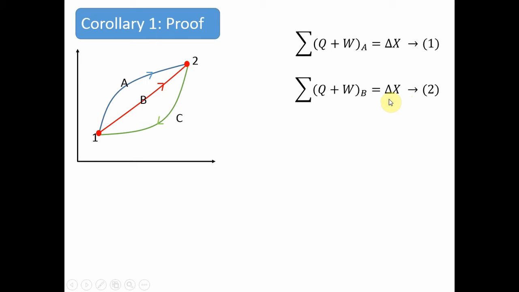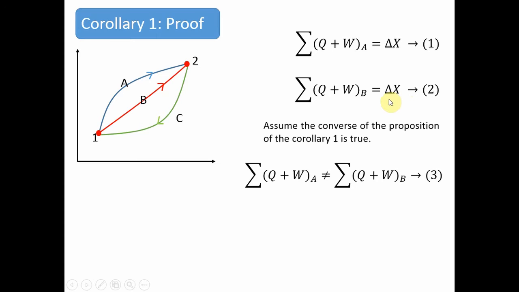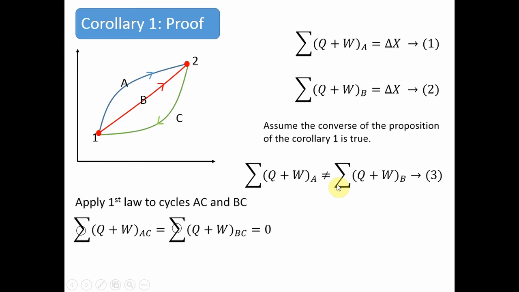In order to prove that, let us assume the converse of the proposition is true. That means the change of the quantity depends on the path. Only if it is independent of the path, then the change is identical. But here what we take is the change of the quantity depends on the path. You can apply the first law of thermodynamics to cycle AC and cycle BC.